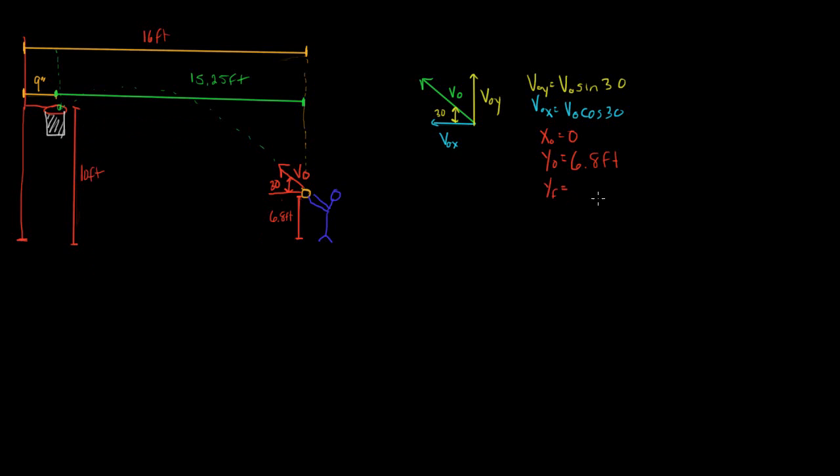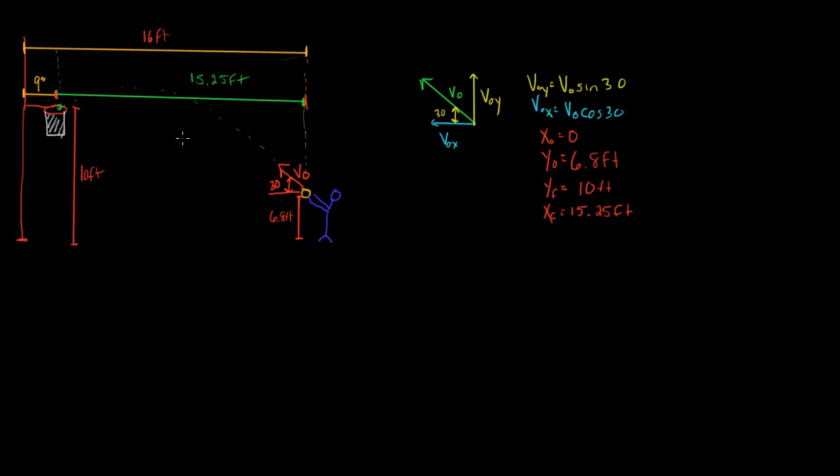And we also know our final x position. Our final x position is going to be 15.25 feet, from right here to right here. So that's how far it travels in the x direction.